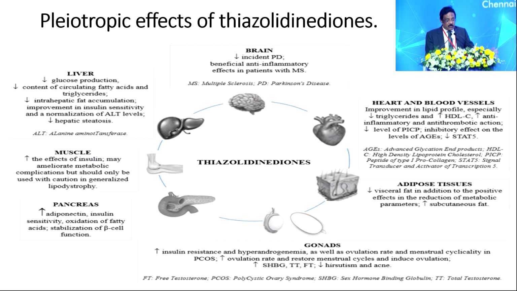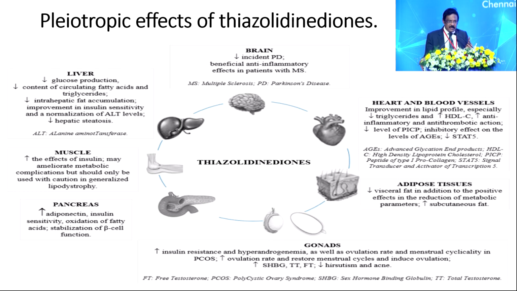And these are the pleiotropic effects which we have seen. The previous speakers also showed the action on adipose tissue, muscles, and pancreatic systems, everything. It has not only a reduction of the glycemic parameters, but also of the inflammatory pathways involved. Especially you can see pioglitazone has action on the hypothalamus, which causes augmentation of appetite. And second, it acts on the adipocyte and increases adipogenesis.